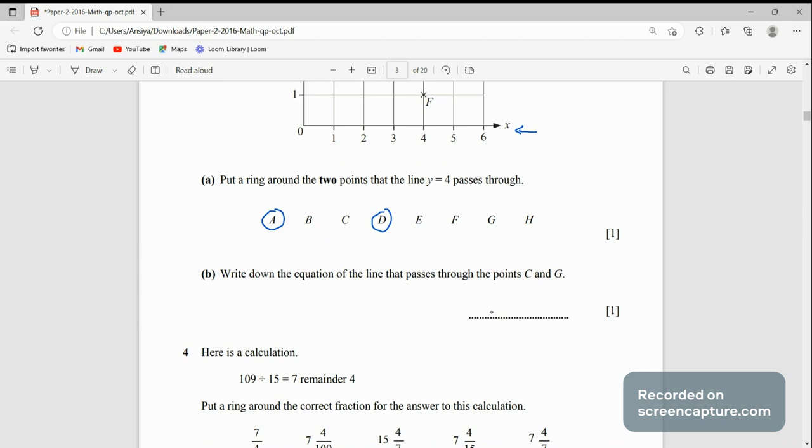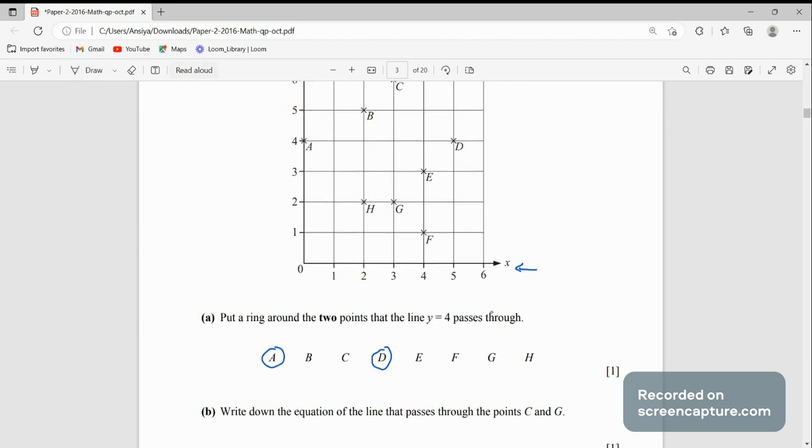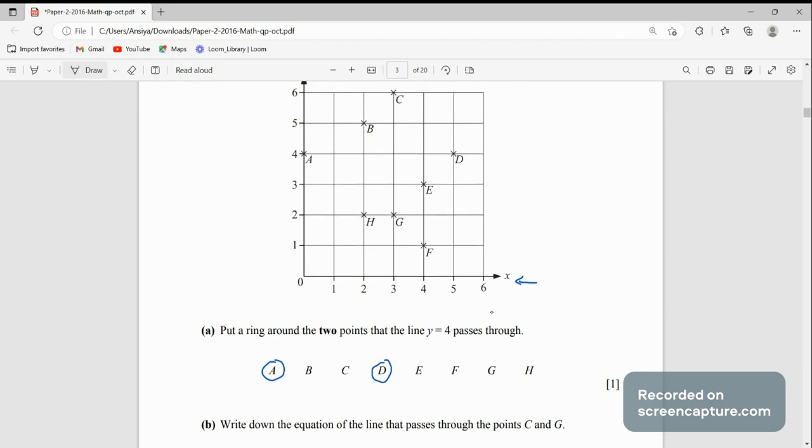Next one. Write down the equation of the line that passes through the points C and G. So we will draw a line that passes through C and G. This is C. This is the line. So what will be the name of the line? That's a straight line that passes through x equals 3.